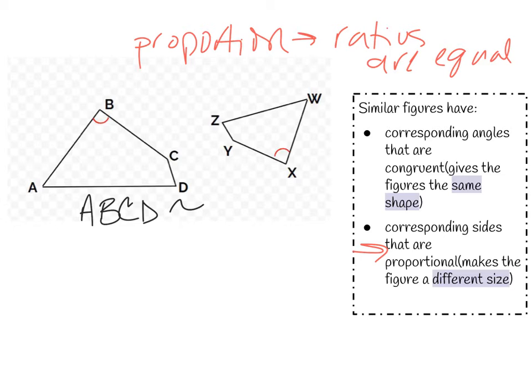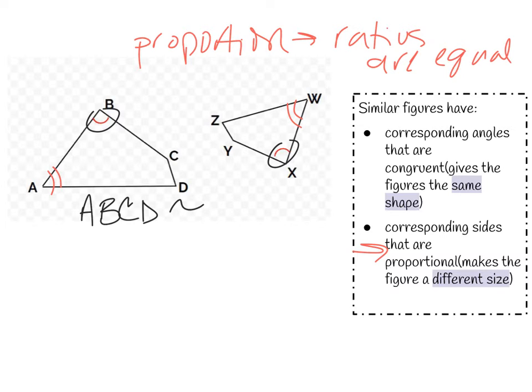You see this mark here, that means angle B and angle X are congruent, which means they are corresponding. Then if I turn this, I know that angle A corresponds with angle W, and those are also congruent. So now I have enough information to write my similarity statement.